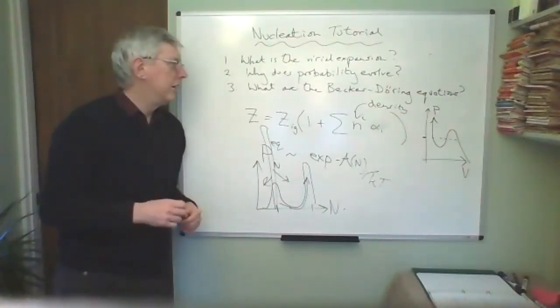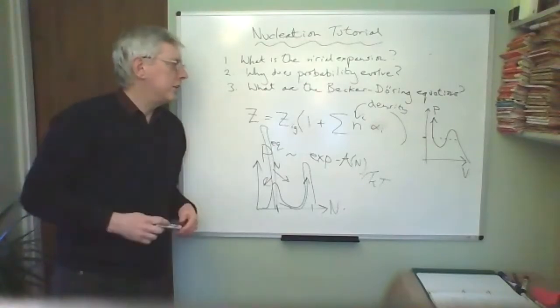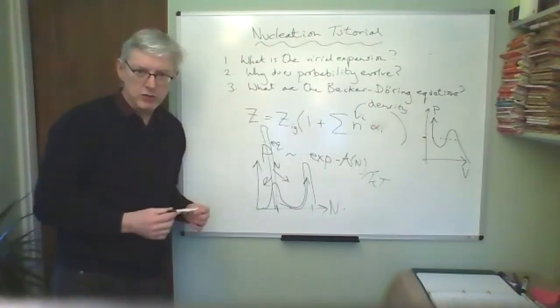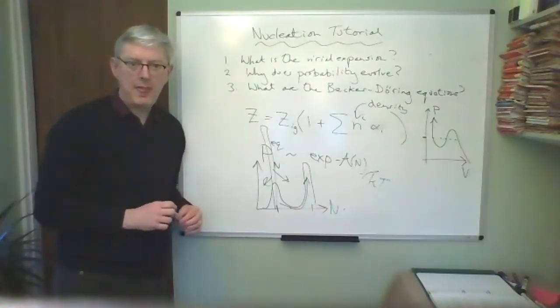Thanks for that. And room 3 can tell us what the Becker-Doering equations are. As I understand it, it's almost like a rate equation, a rate law you have in chemical kinetics, except it's probabilities instead of concentrations, which I guess are similar. And you basically treat each cluster of a given size.